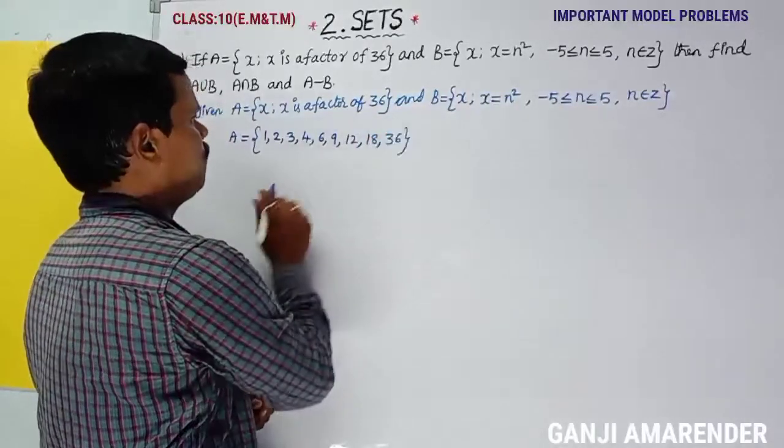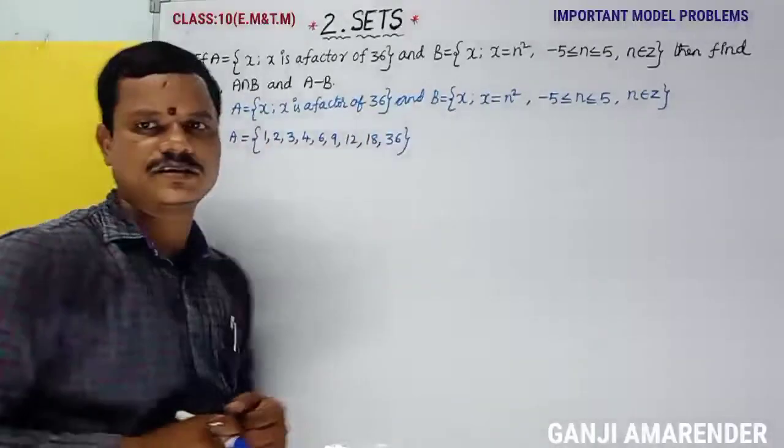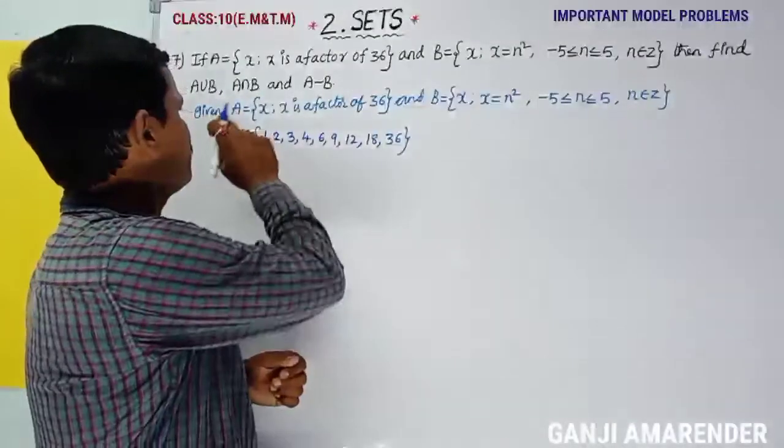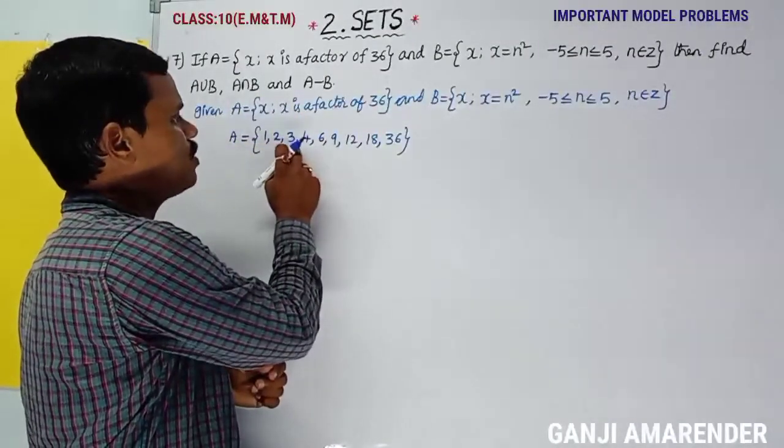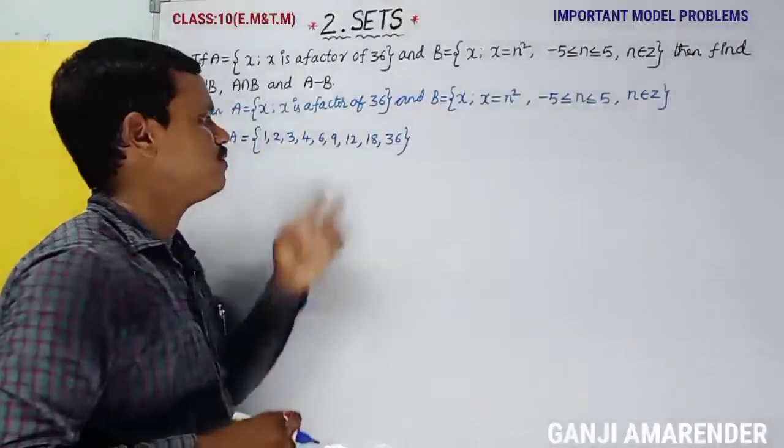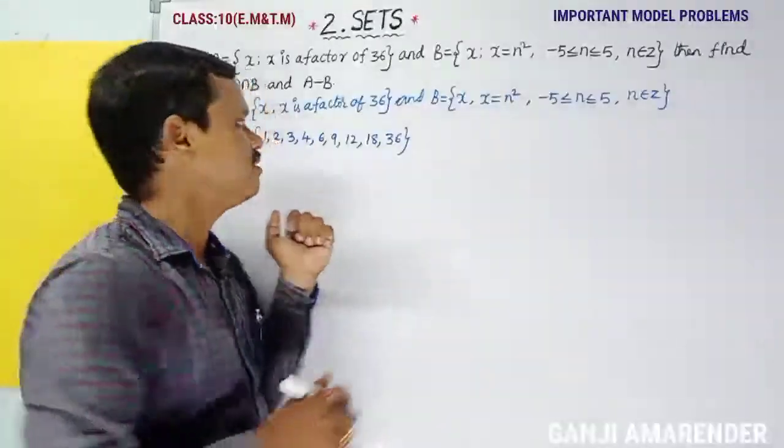These are the factors of 36. Set A is equal to {1, 2, 3, 4, 6, 9, 12, 18, 36}. These are the elements of set A.